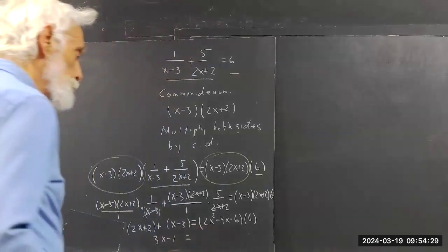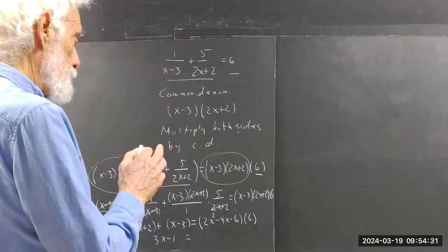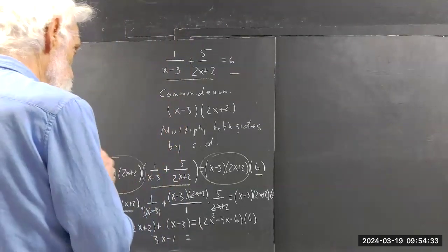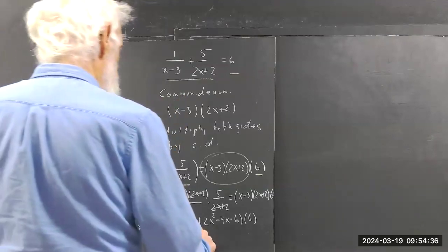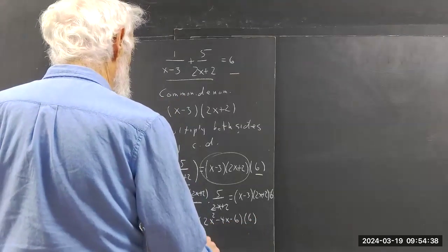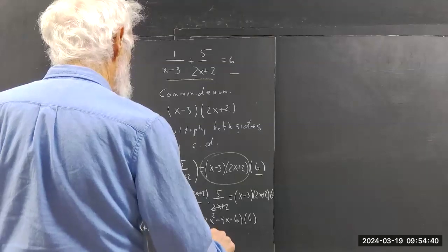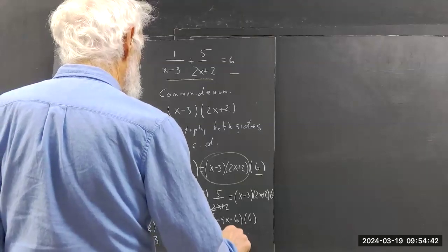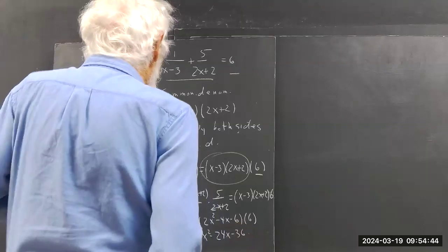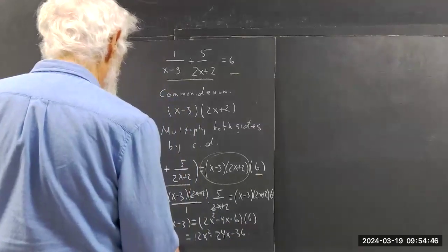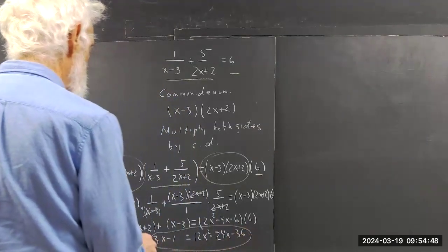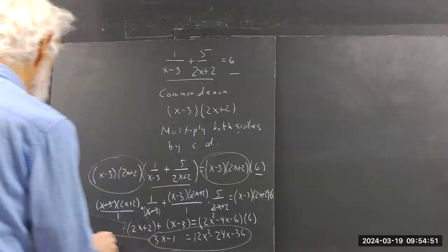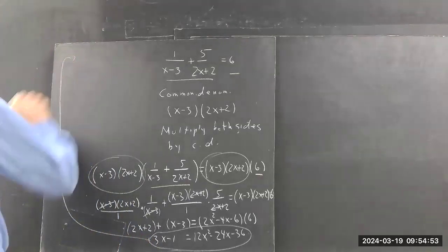And let me just double check my multiplication here. Getting negative 6x and 4x. Okay, yeah. And multiplying 6 through here gives me 12x squared minus 24x minus 36. And now this equation, we can bring it on up here.